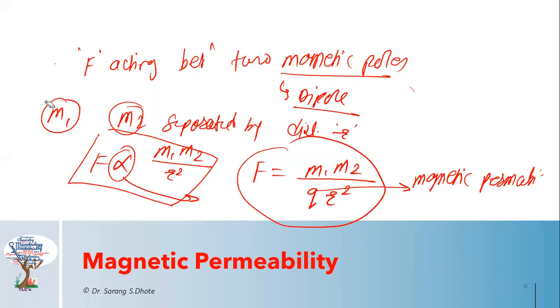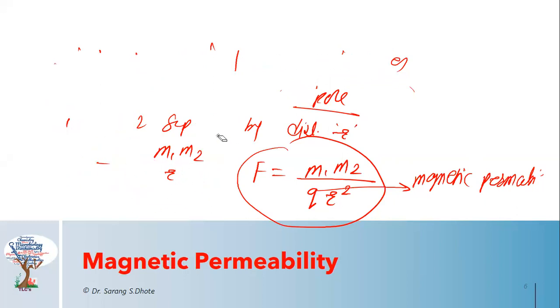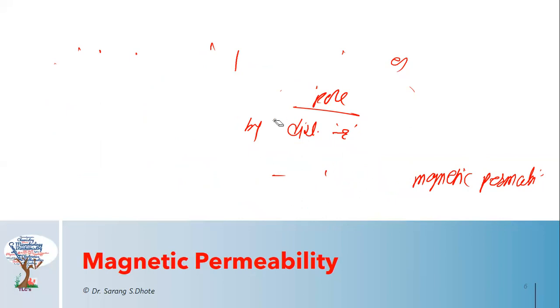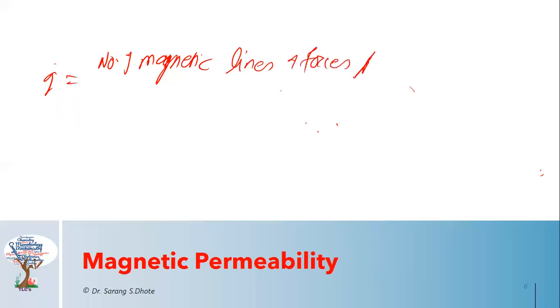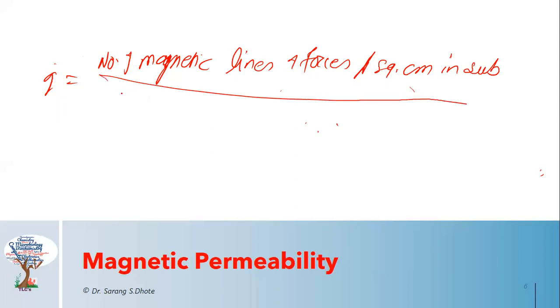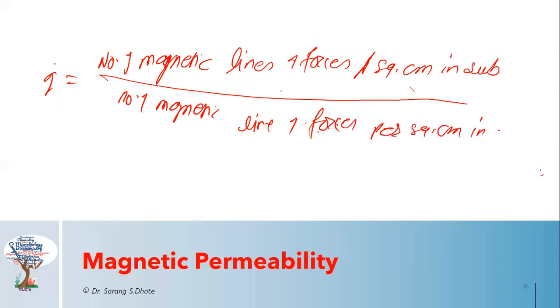Another formula for Q is: Q equals the number of magnetic lines of force per square centimeter in a substance divided by the number of magnetic lines of force per square centimeter in vacuum. So by using this formula, we can calculate the magnetic permeability.